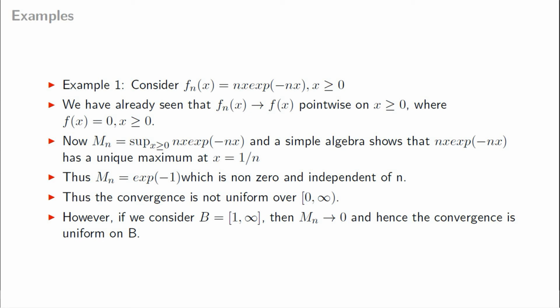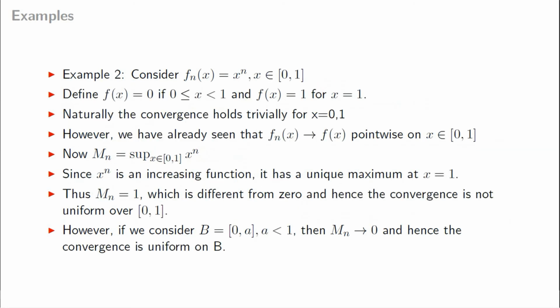Thus the convergence is not uniform over the set [0, infinity). However, if we consider a subset B, [1, infinity), then M_n tends to 0, and hence the convergence is uniform on B.